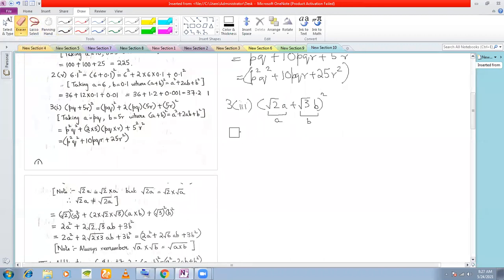So if I consider this as a and this as b, I will have first a square plus 2ab. See here, a is outside the radical. This is root 2 and a is outside. This is not root 2a. You don't have a root above a. Be very careful here.